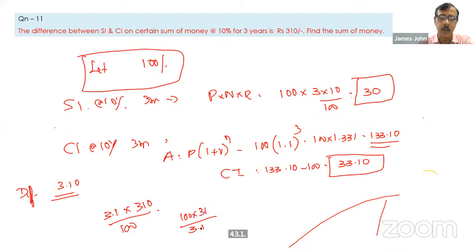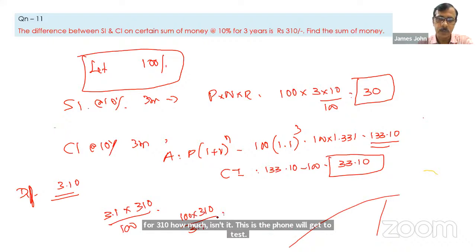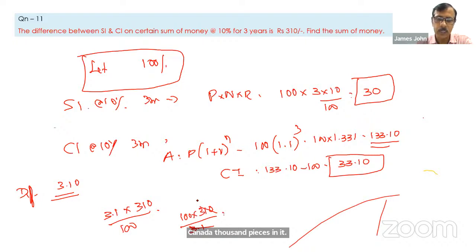Then for 310, how much? You will get it as 10,000 rupees, isn't it? This will be cut. You will get 10,000.